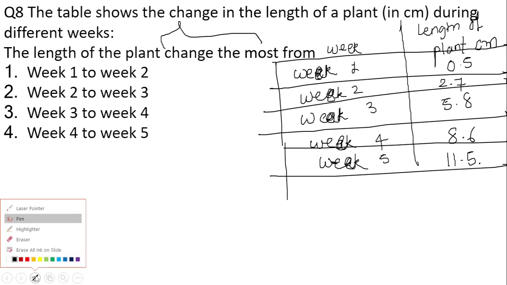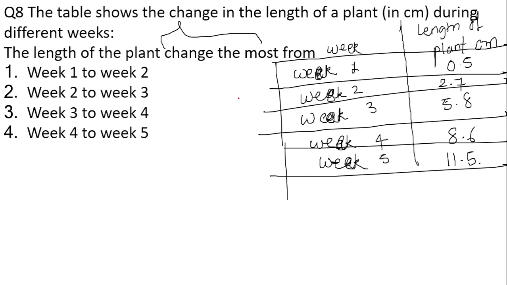If we do that, we are going to get the range in which the plant has changed its length. So 2.7 minus 0.5, I'll get 2.2. So in week first and week second, the change in the length is 2.2 centimeter.